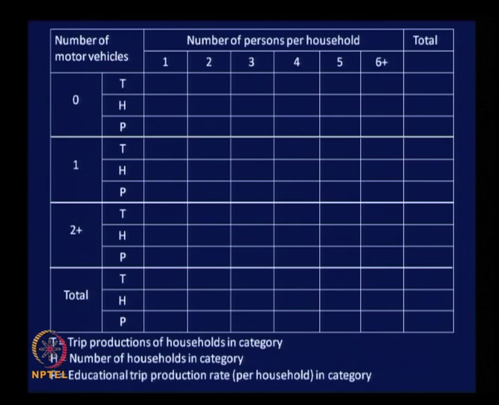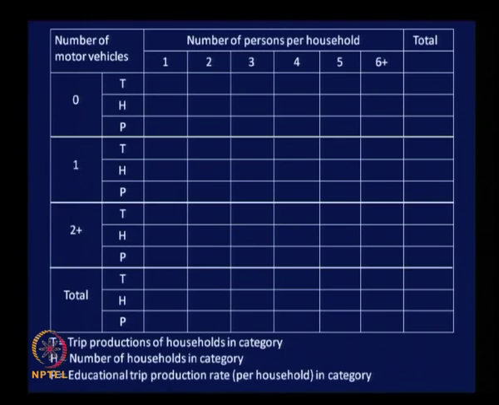That means household size is taken as a very important characteristic. And then number of motor vehicles owned by households, we have considered 3 categories: 0 vehicle owning households, 1 motor vehicle, and then 2 or more motor vehicles.